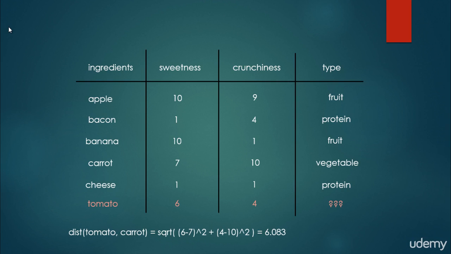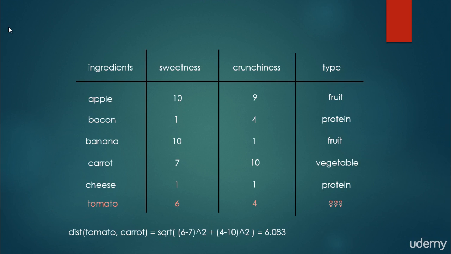The second parameter is the crunchiness. The crunchiness of tomato is 4, the crunchiness of carrot is 10, so we have to calculate (4 minus 10) squared.